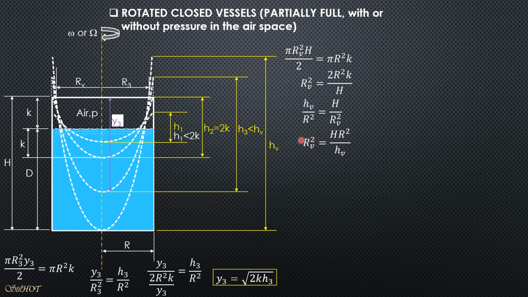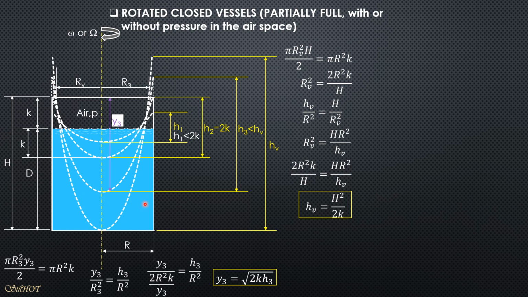So replacing this rv squared from here, 2r squared k over big H equals big H r squared over h sub v. Canceling out big R squared, we can now have the formula for hv given by big H squared over 2k. That's the formula for h sub v for this closed tank here, where the depth is greater than half the height of the tank.